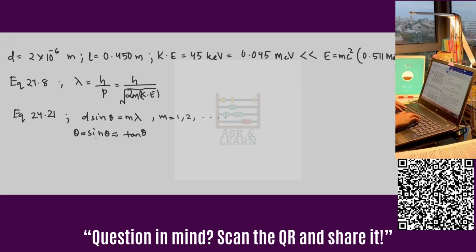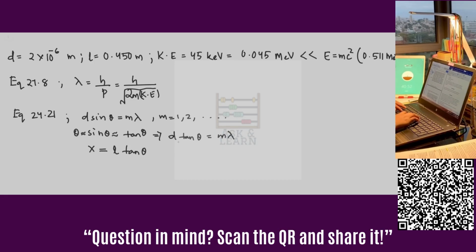So we use this in this equation and we get d tan theta is equal to m lambda, and we have x is equal to L times tan theta.